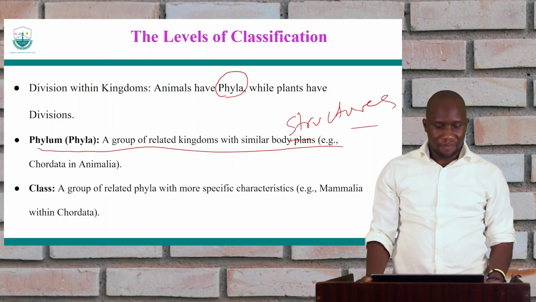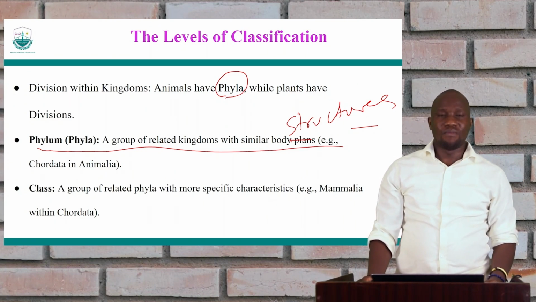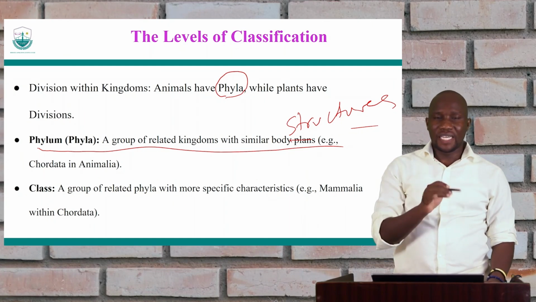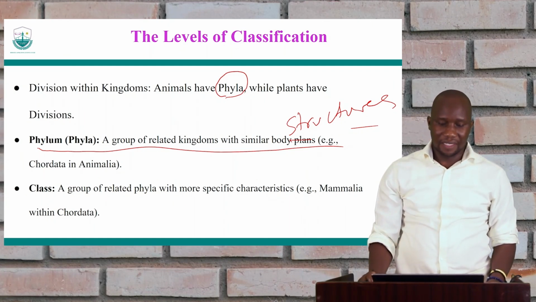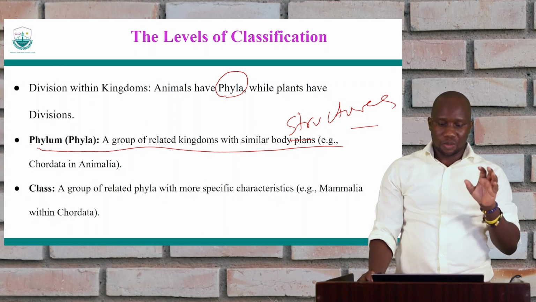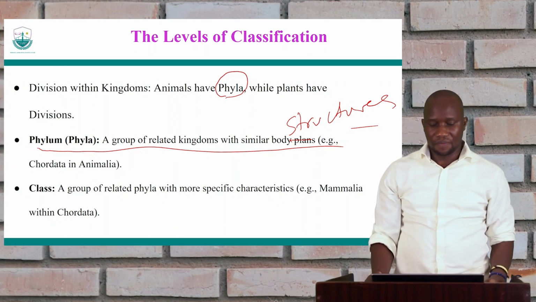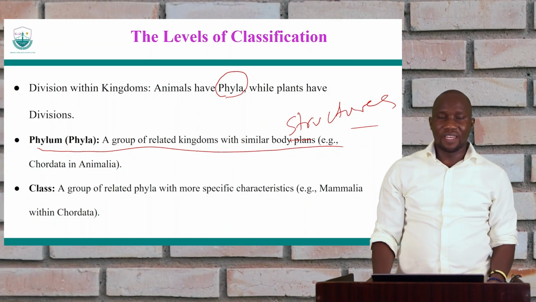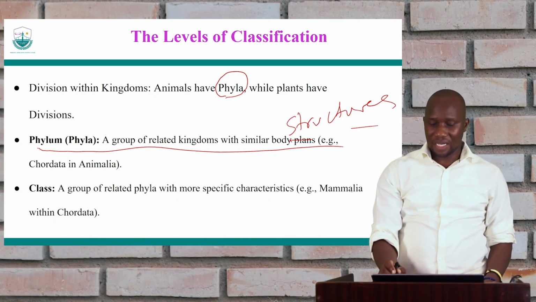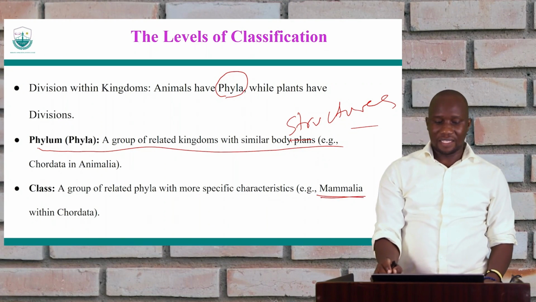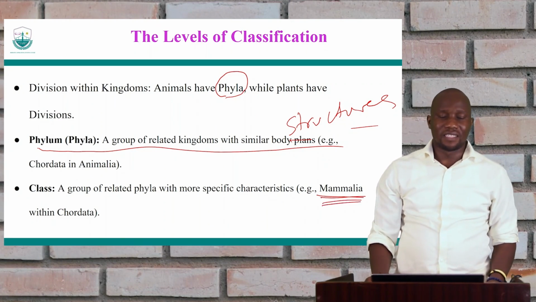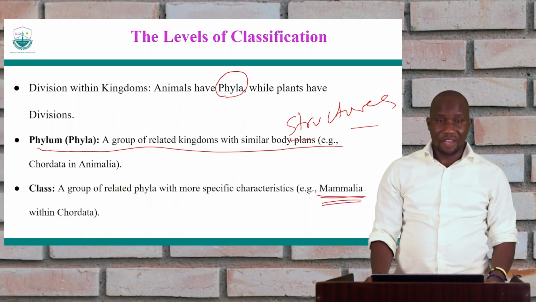Then from the phyla we have classes. Still, these also have more specific characteristics that they share. Within the Chordata you can have the reptiles, Mammalia, and things like that.